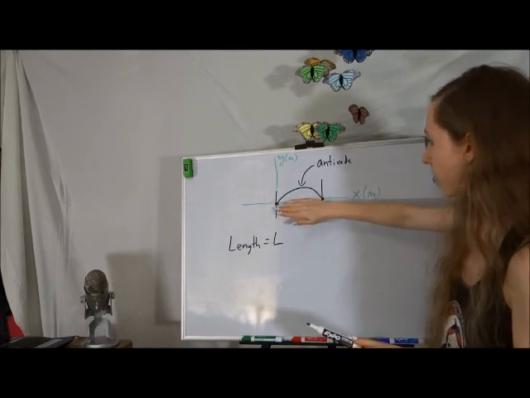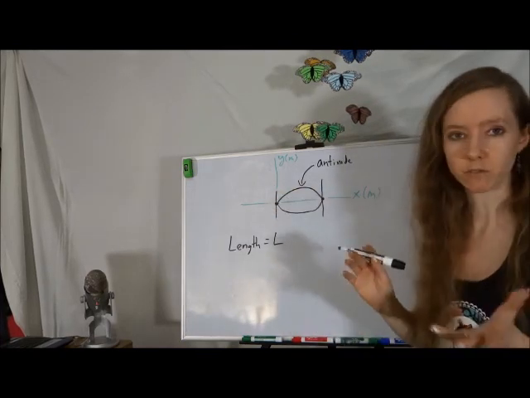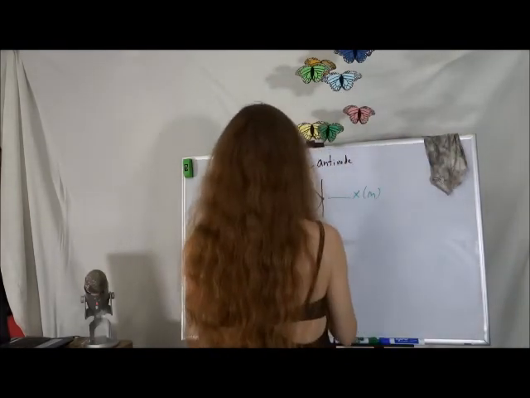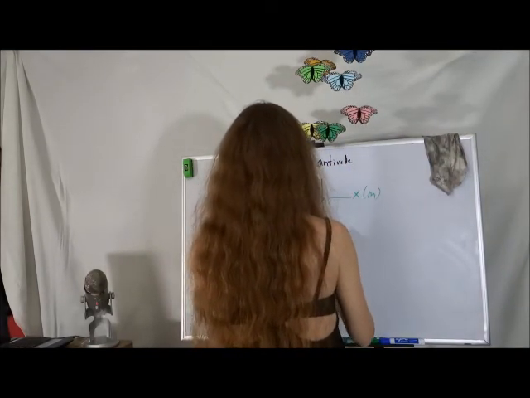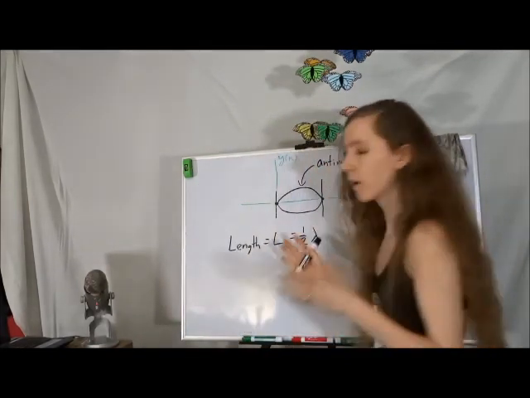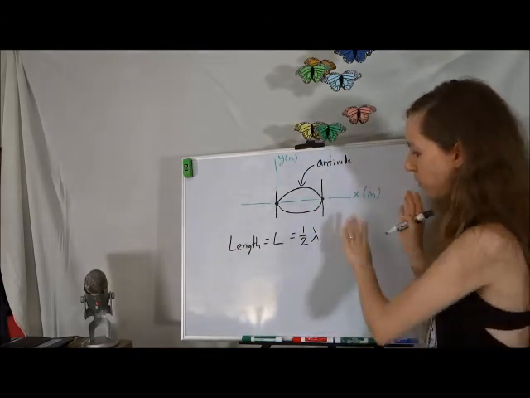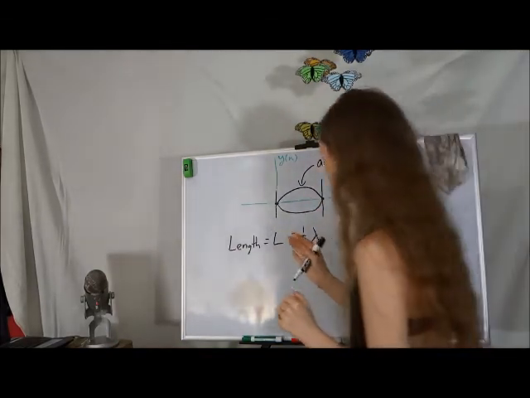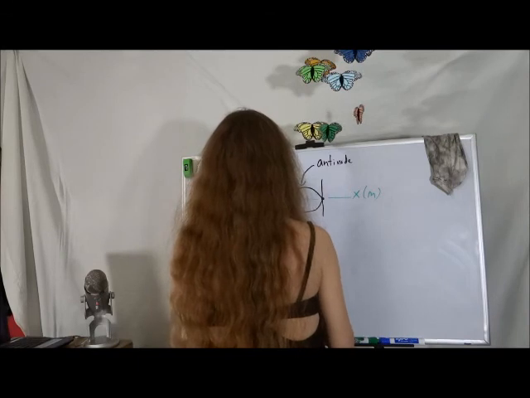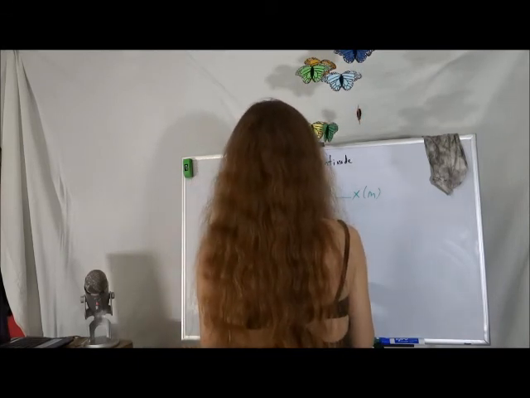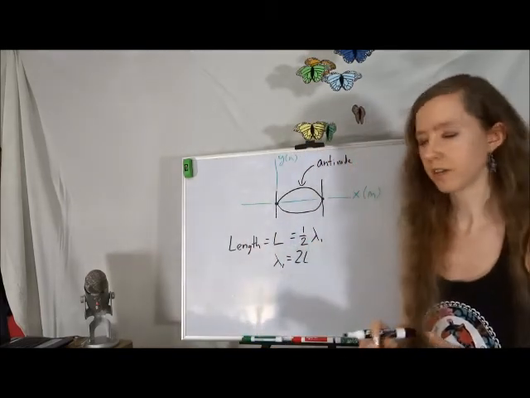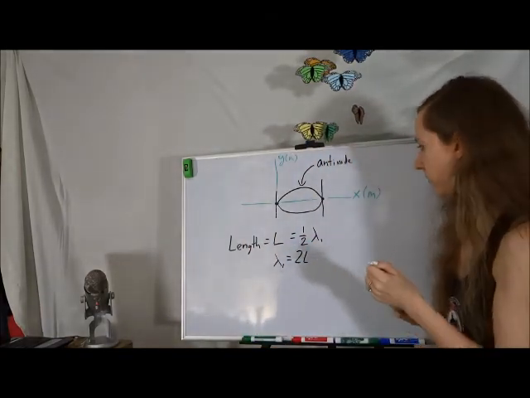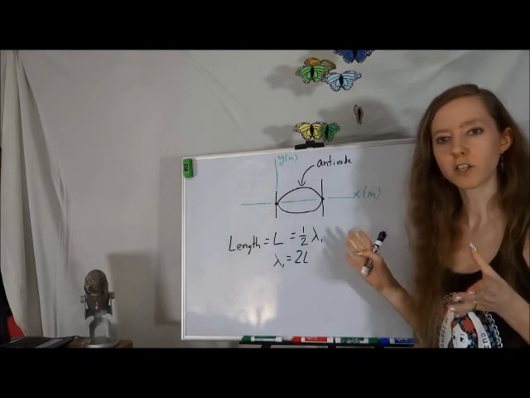So that string length has to be equal to 1/2 of a wavelength. So if you want to know the wavelength of the first harmonic, we're going to multiply both sides by 2, and we get that lambda is equal to 2L. And I'm going to give it a little subscript 1 because this is our first harmonic. So are there any questions on that piece?